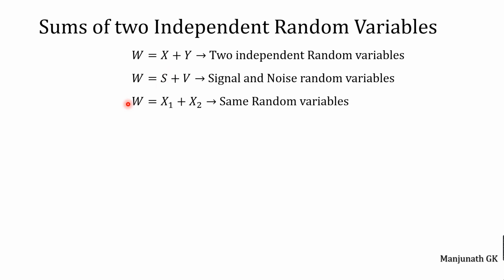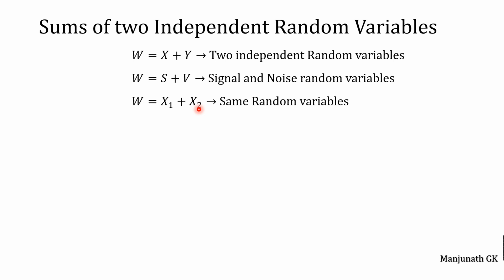In general, a sum of two independent variables can be represented using X1, X2, or else you can use Y1, Y2, Z1, Z2. Any notation can be used here. If two random variables are independent in nature, then obviously they are uncorrelated.